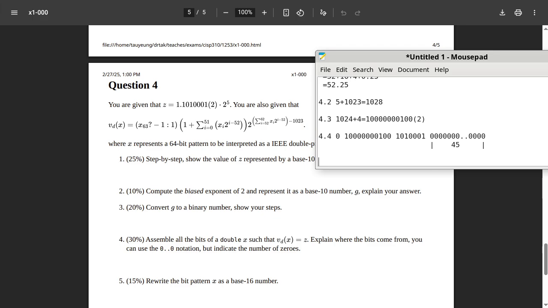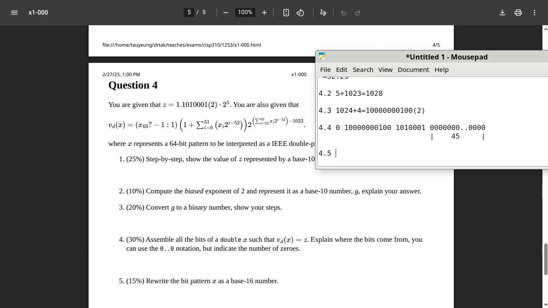So that's 4.4. And 4.5 is just to put everything together and then reformat it as a base 16 number. So we just take this whole thing, paste it here, get rid of all the initial gaps, and then rearrange by chunks of 4. So we have chunk, chunk, chunk, chunk, chunk. There we go.